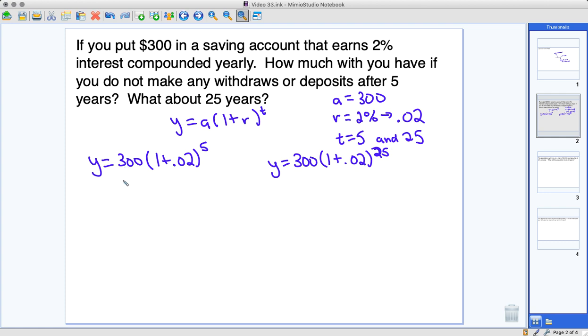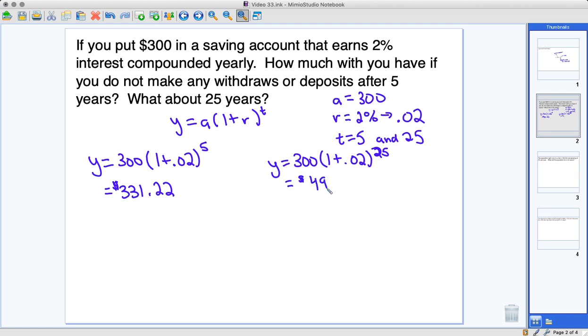For the first one, when you type it into your calculator, you should get 331 point, now you have to round it since it's a monetary value, so we don't want to keep writing the full decimal. We round to our second decimal place, so to the hundredths place. Second one, again, plug it into your calculator.